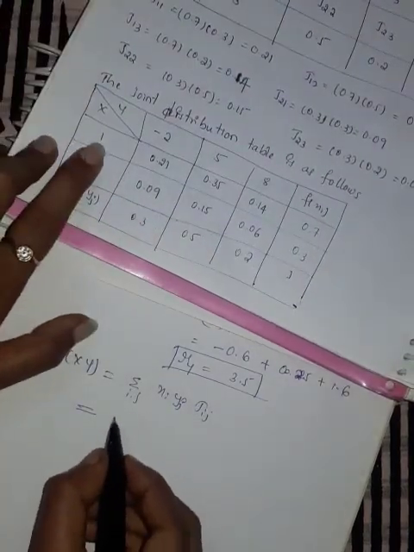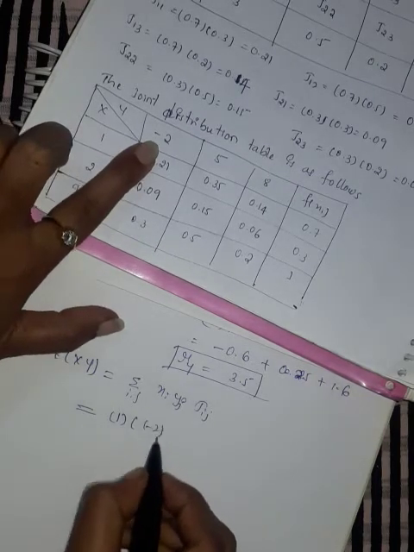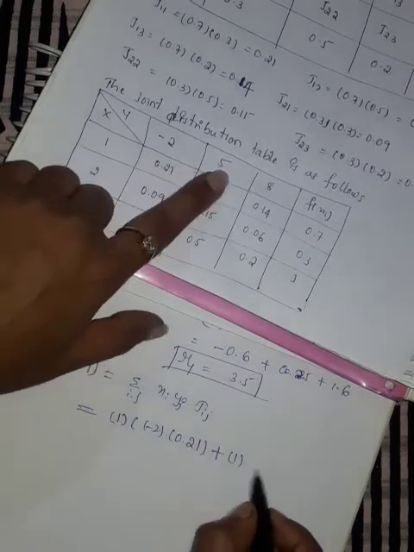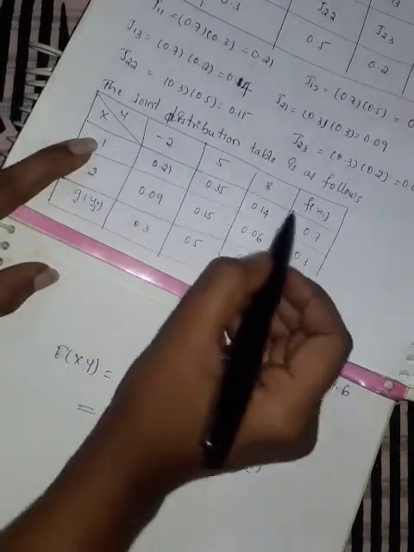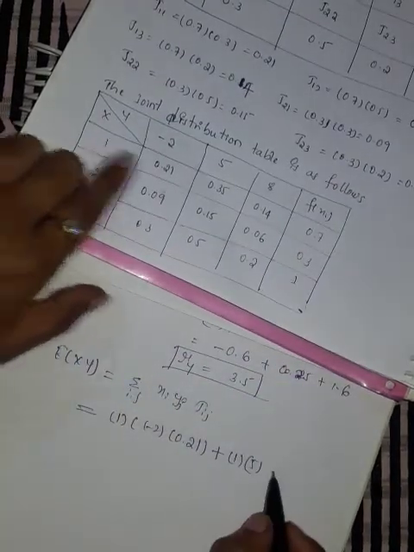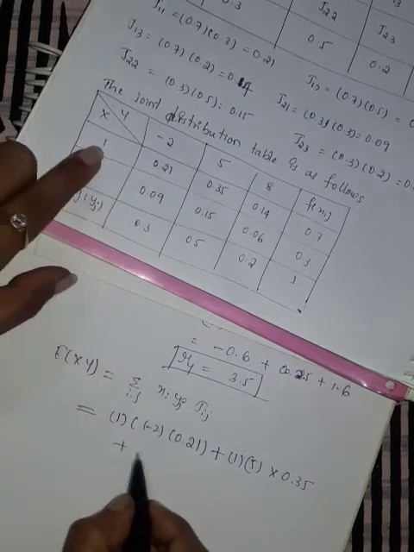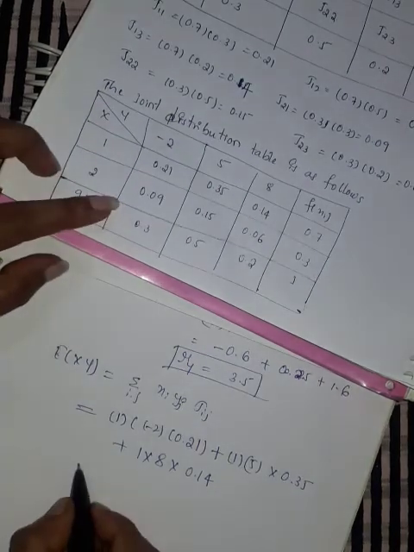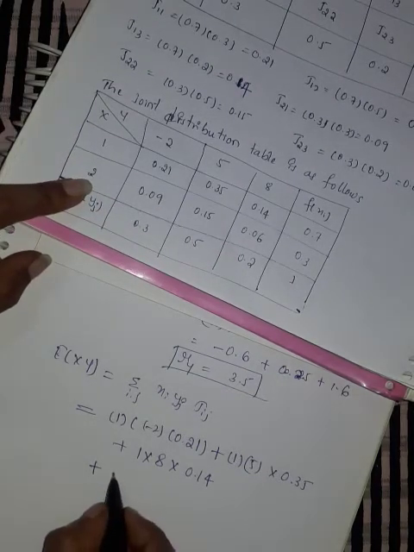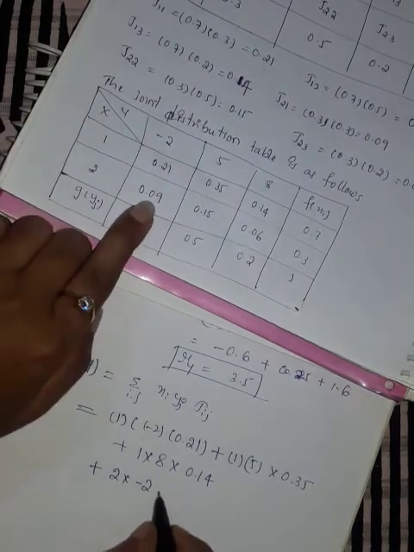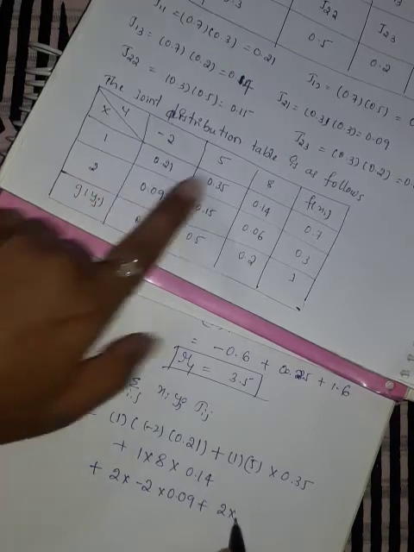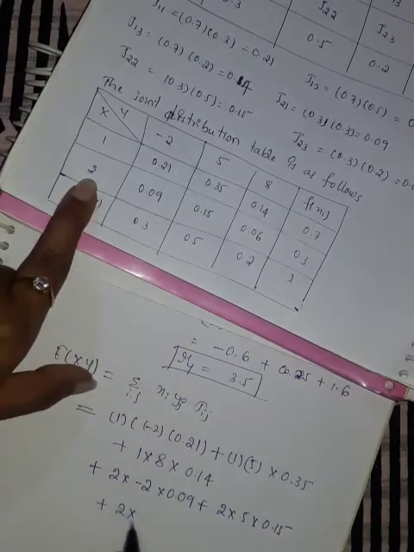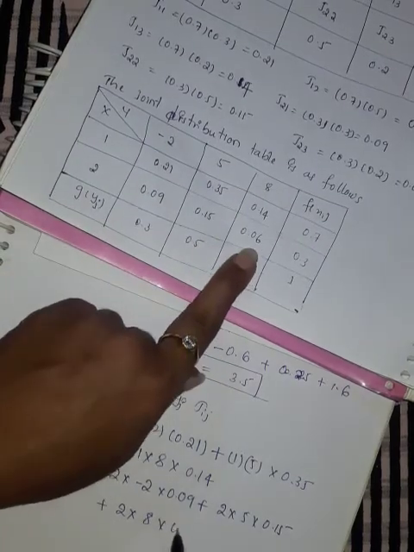First for x1 is 1, y1 is minus 2, J11 is 0.21, plus 1 into 5 into 0.35, plus 1 into 8 into 0.14, plus next i goes for 2, that is x2: 2 into minus 2 into 0.09, plus 2 into 5 into 0.15, plus 2 into 8 into 0.06.